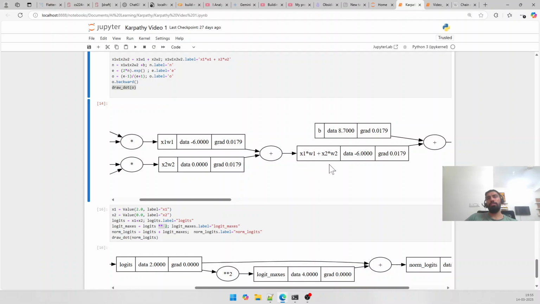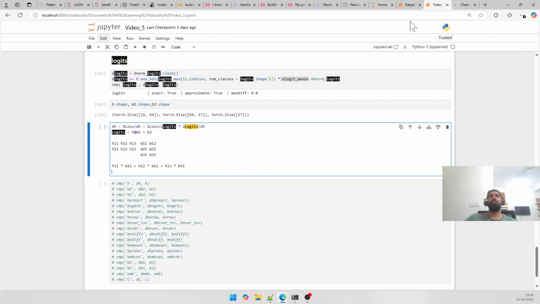So for this element, the gradient will simply be coming here. So for all of this, I think it will just take the... okay, but this will be with respect to this.